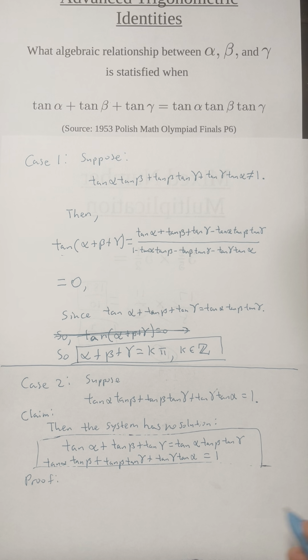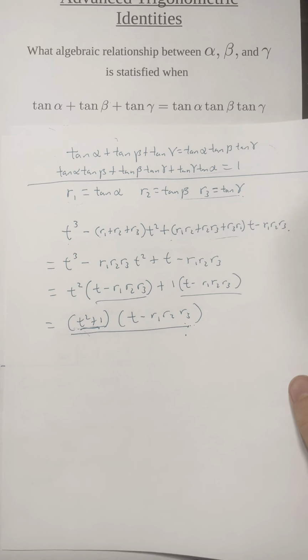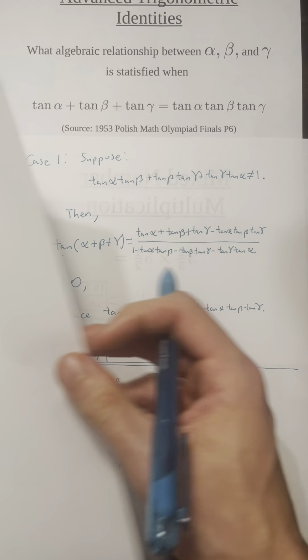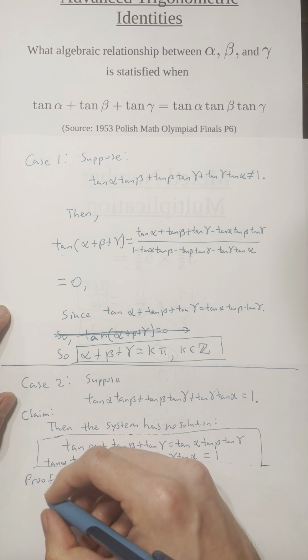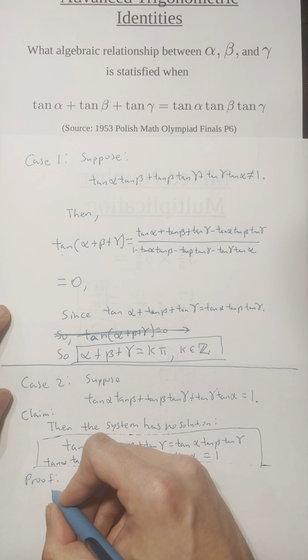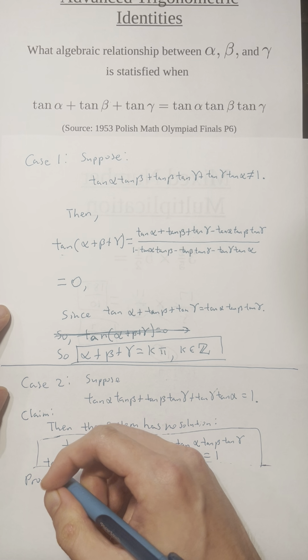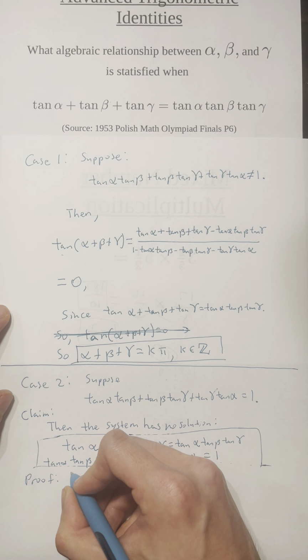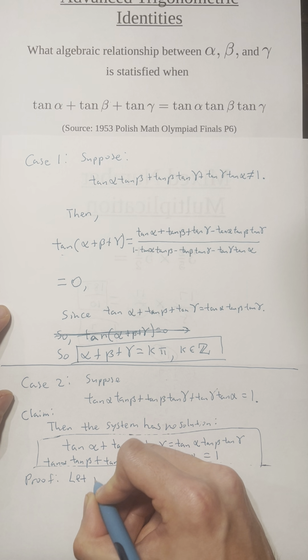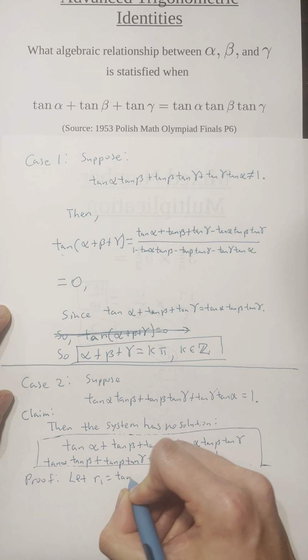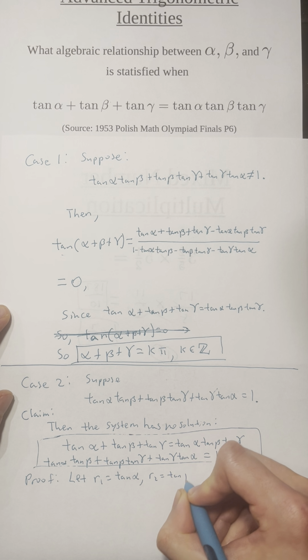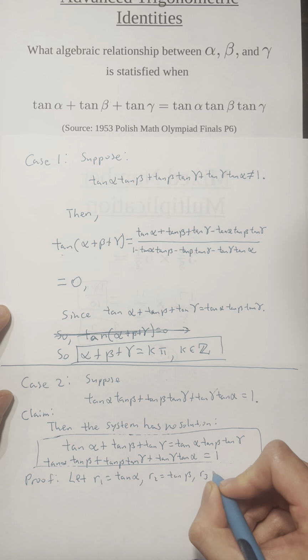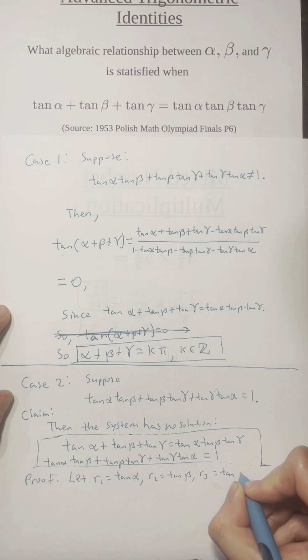But yeah, we proved it by constructing that cubic. Okay. Let R1 equal tangent alpha, R2 equal tangent beta, R3 equal tangent gamma.